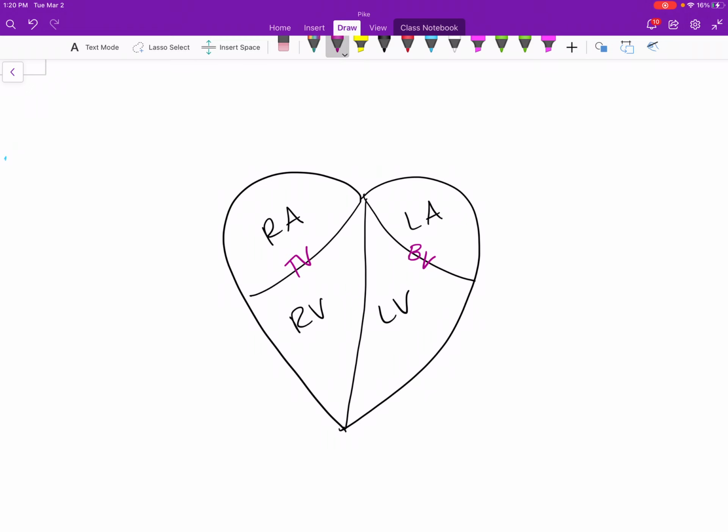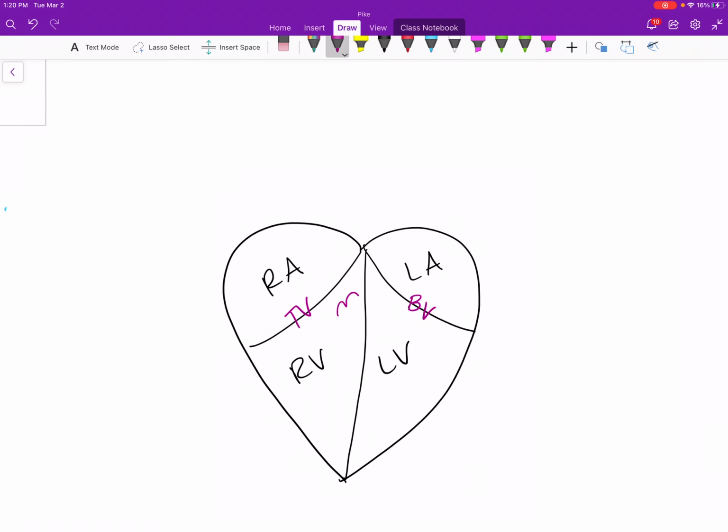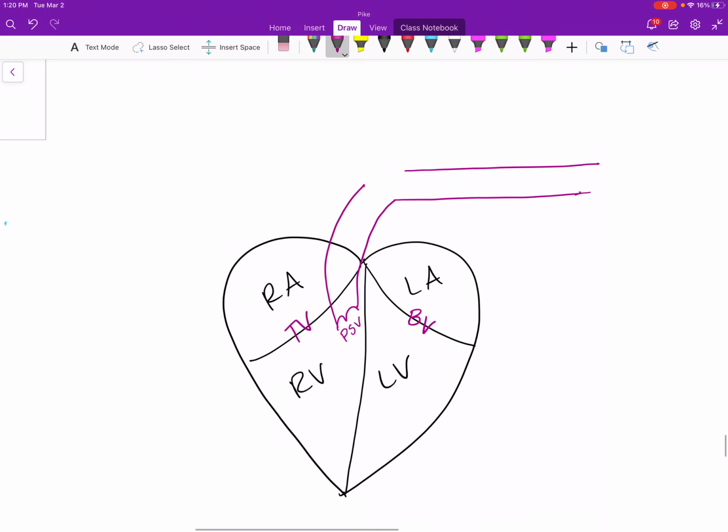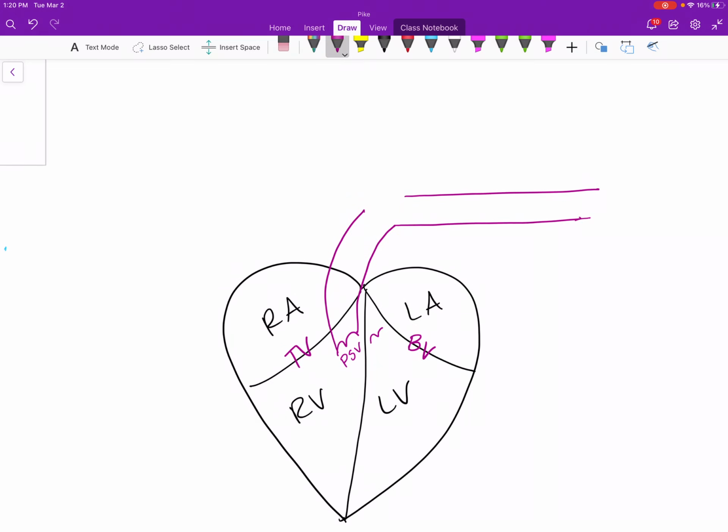So here we had a semilunar valve, and this is the pulmonary semilunar valve, PSV. I'm going to pull this up and over, and I'm going to branch it this way because I can already. This one, other side goes underneath. I'm going to do another little semilunar valve, and that's the aortic semilunar valve.